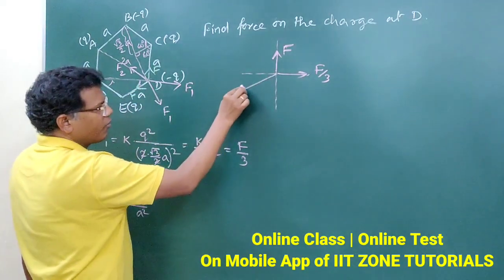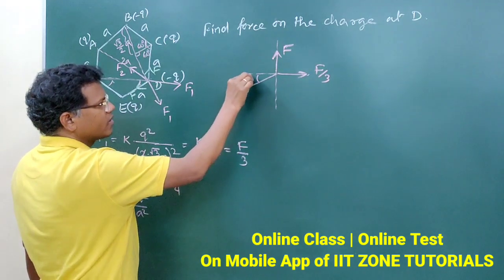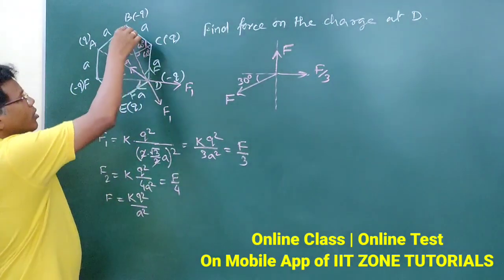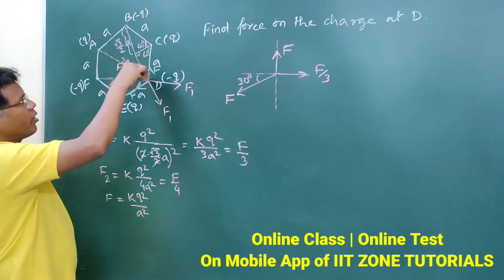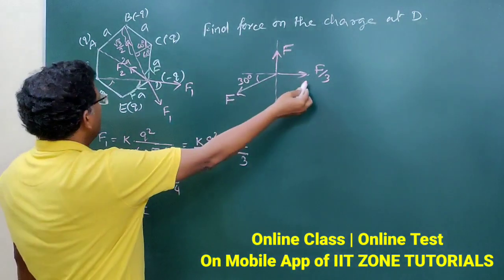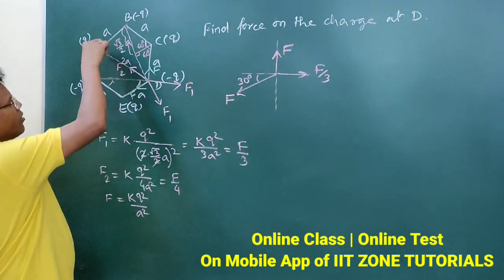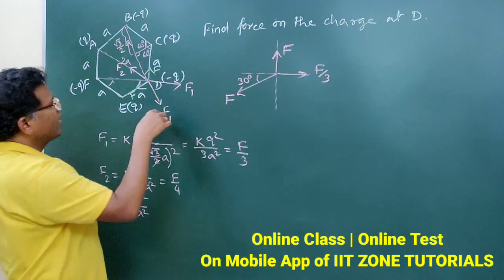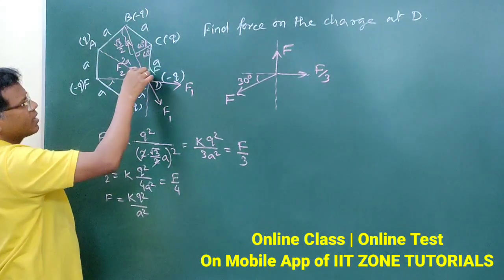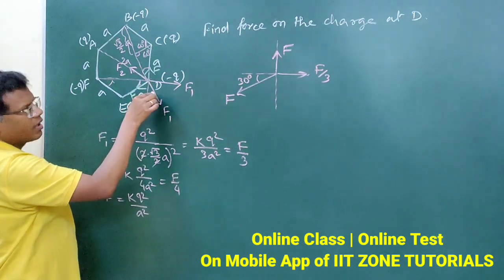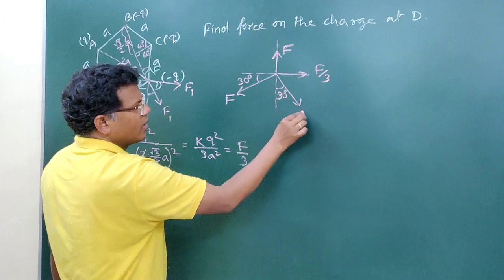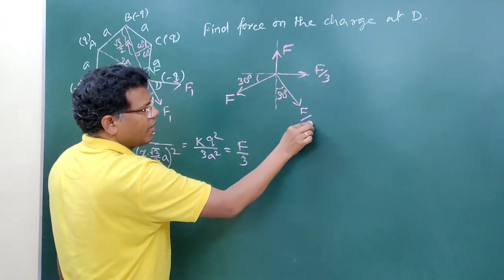So this F will be making 30 degrees like this. This is another F, which is the force on D by E. Now the two forces to be decided, one is by A on D and another by B on D, both are F1. One F1 I have written, another F1 will be at 30 degrees, which is basically F by 3.